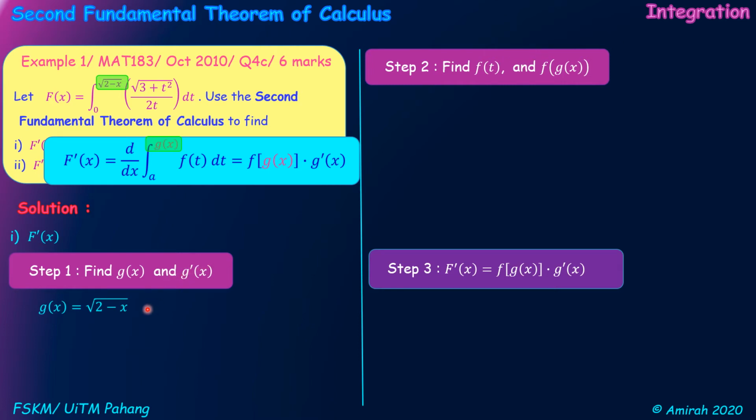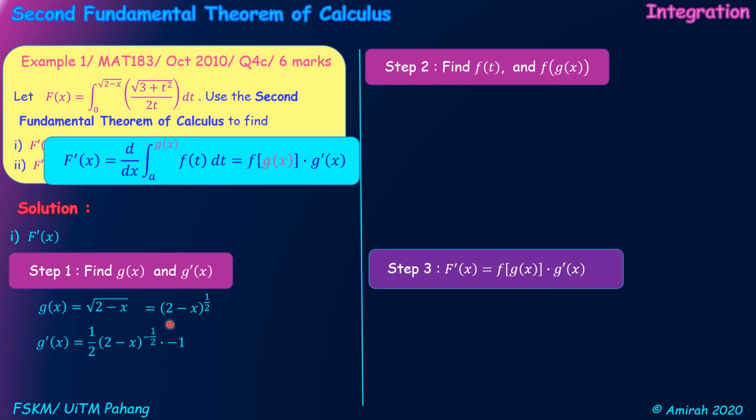To differentiate a square root function, first we change it to bracket to the power of half. Then we can differentiate using the generalized power rule. So g prime x equals: we move the power to the front, copy the bracket, and then power minus 1.